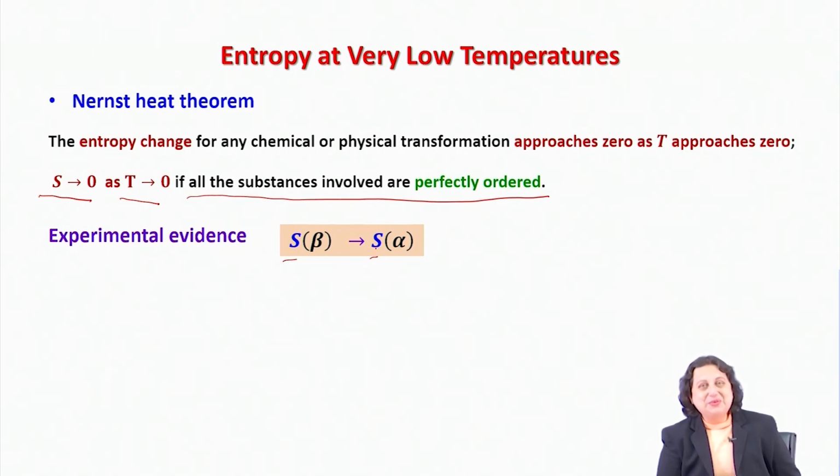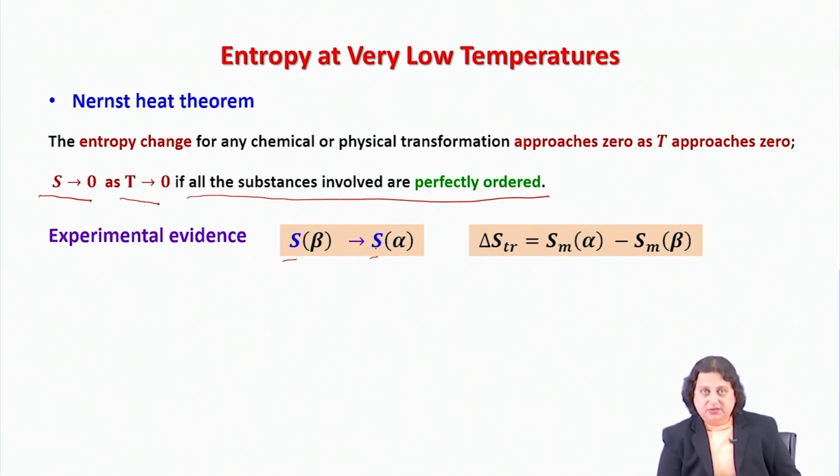Okay, the blue S is sulfur. The beta form of sulfur is transformed into the alpha form of sulfur, corresponding to which I can write down the change in entropy due to this phase transition as the molar entropy of the alpha phase minus the molar entropy of the beta phase.